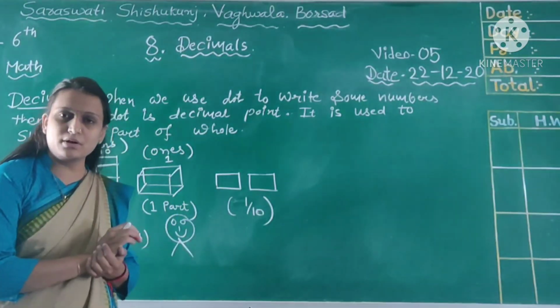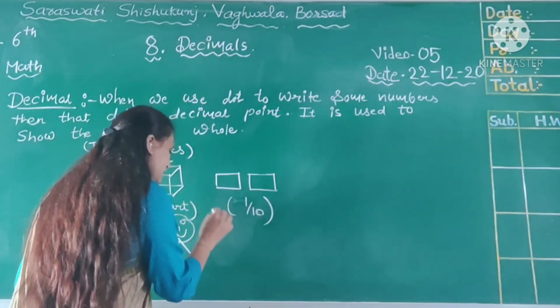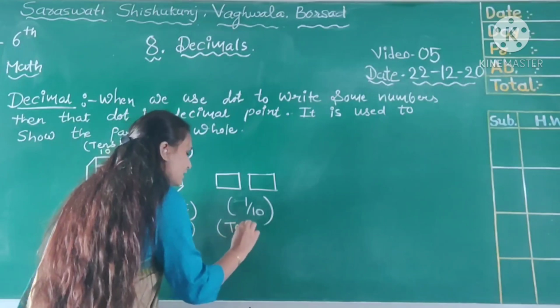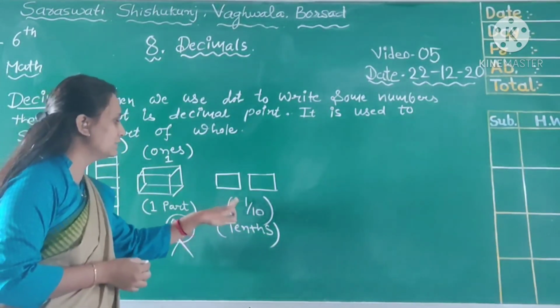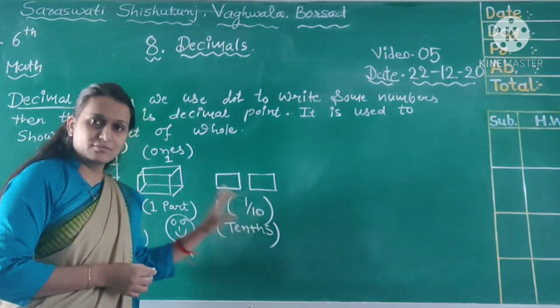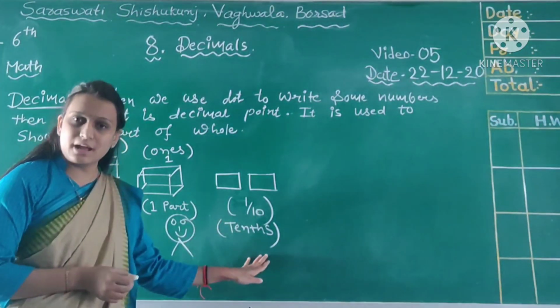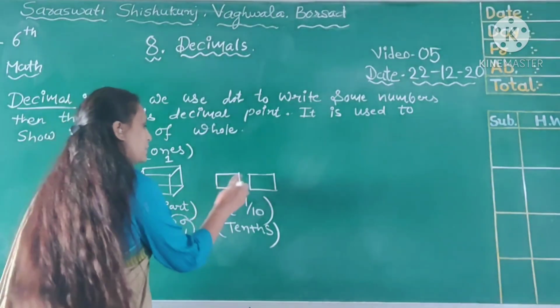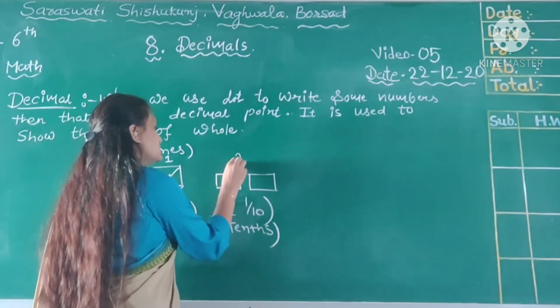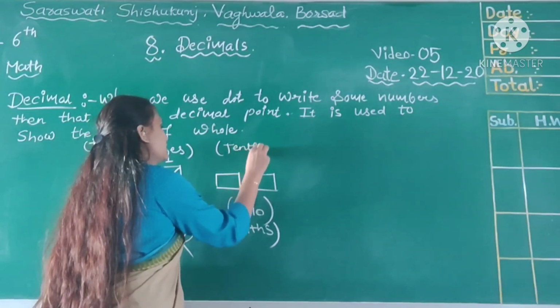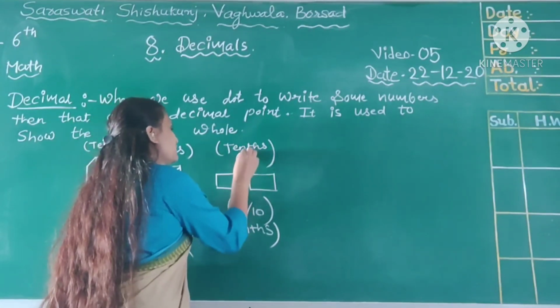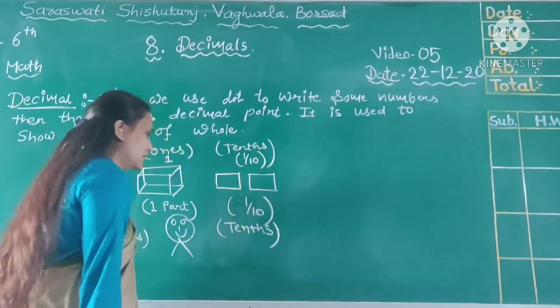We define the part of 1/10 as tenth. And how many parts here? 2 parts. So let us define the place value here.